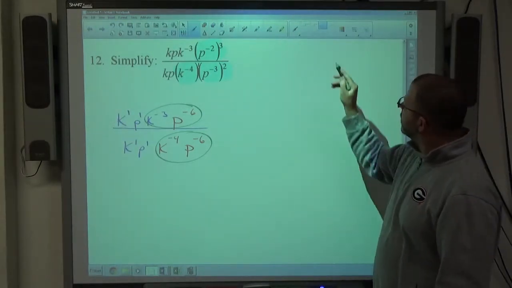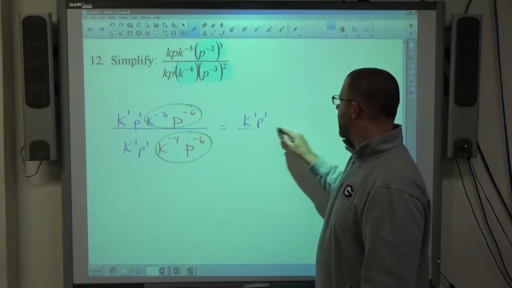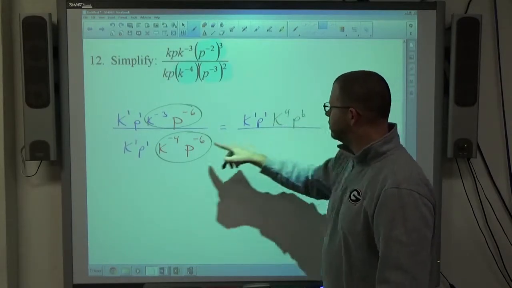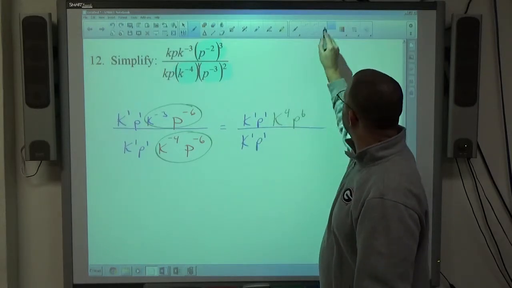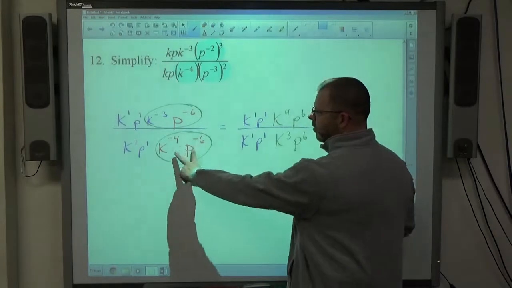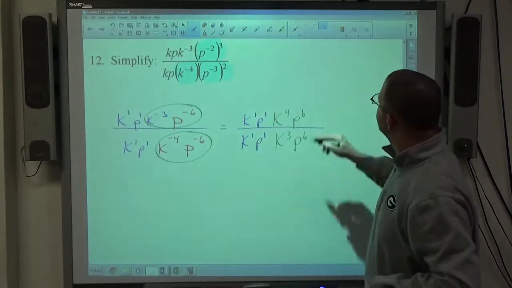Everything not circled doesn't move. So k to the first, p to the first is staying on top. I'm moving a k to the fourth and p to the sixth up. And then k to the first, p to the first on the bottom, and I'm moving a k to the third and p to the sixth down. So these two moved up, became positive powers. These two moved down, became positive powers.